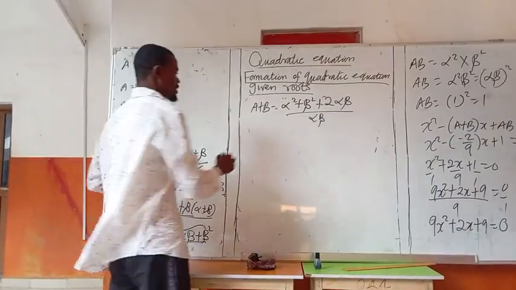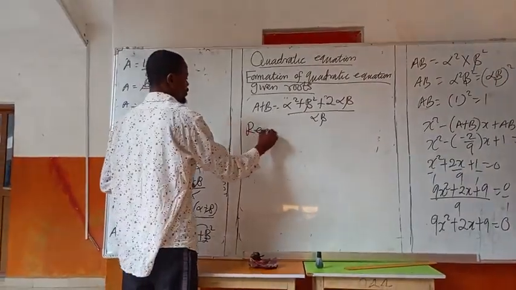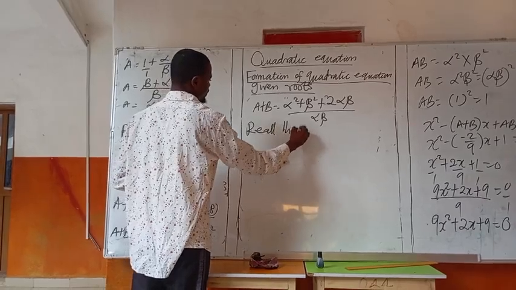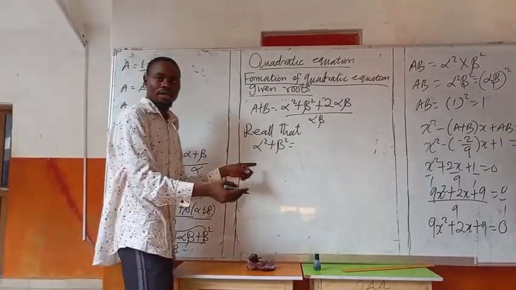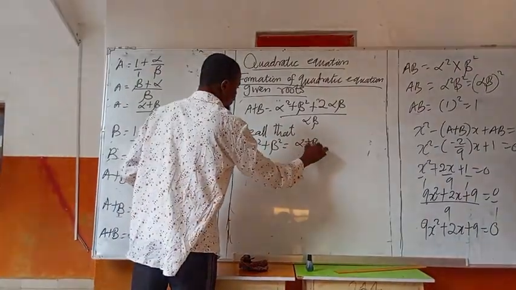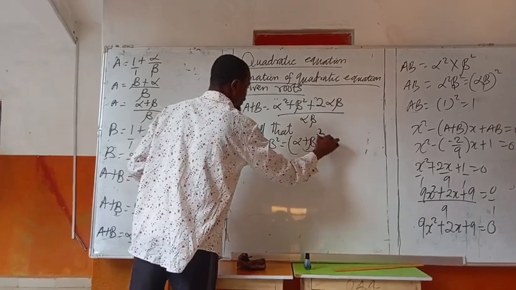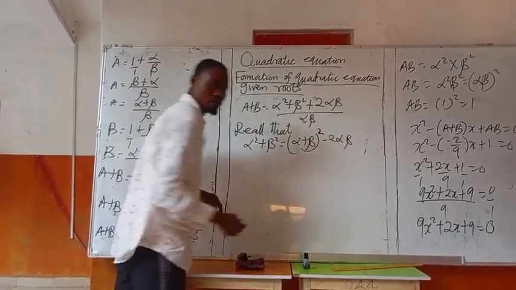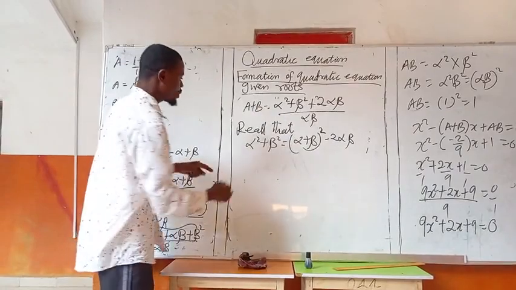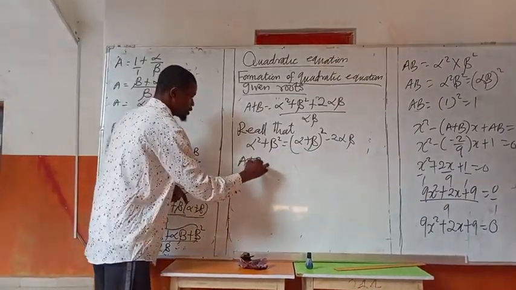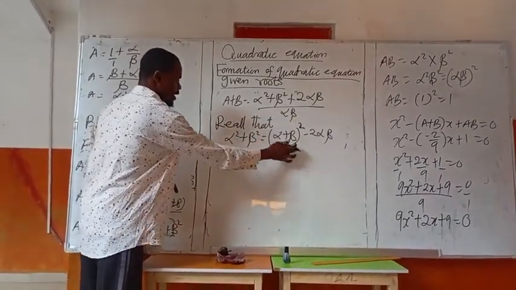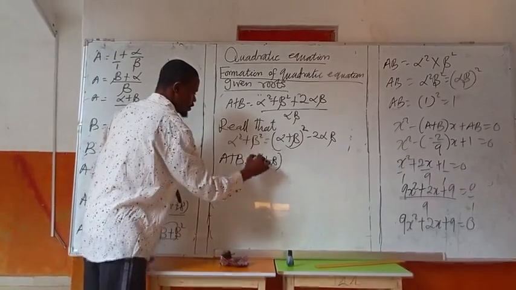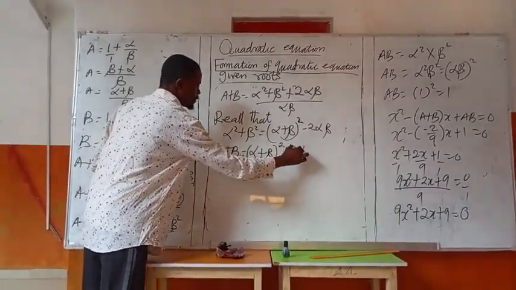But recall that alpha square plus beta square has its own formula, which is alpha plus beta all square minus 2 alpha beta. I will input this into this. We now have A plus B is equal to, instead of alpha square plus beta square, I'll write this one, alpha plus beta all square minus 2 alpha beta.